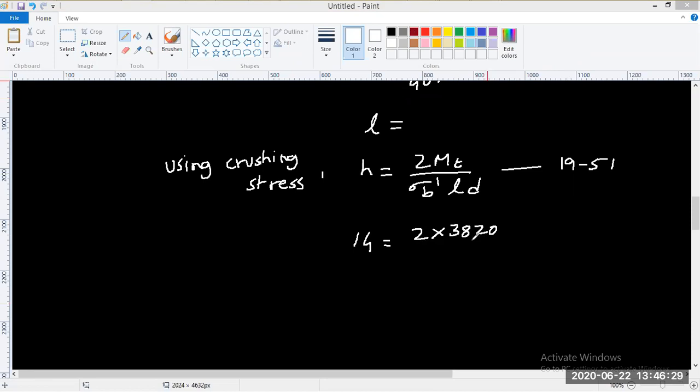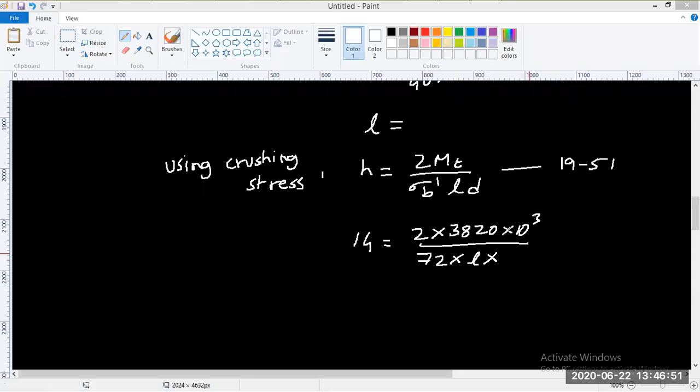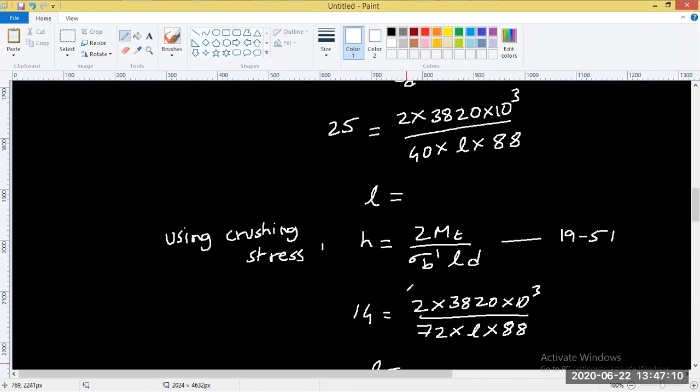Sigma P dash 72. This is 72 into L into D, 88 mm. Okay, so with this again we'll get one more length. So whichever is greater, we'll fix that as a dimension. So try to calculate.